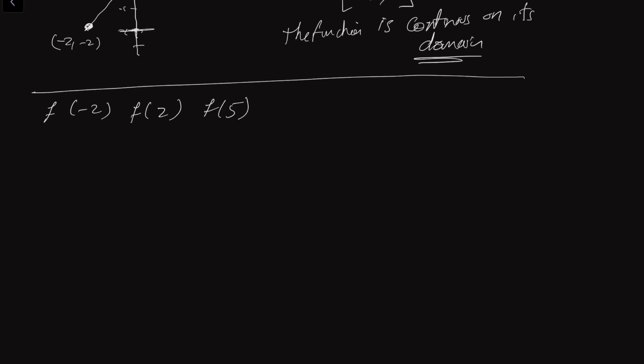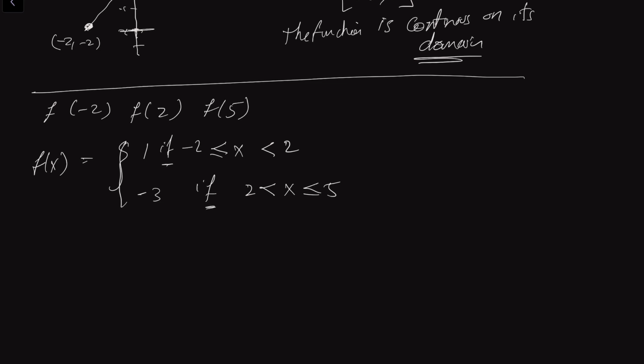All right. So the function f of x is equal to 1 for x greater than or equal to -2 and less than 2, and -3 for x greater than 2 and less than or equal to 5.